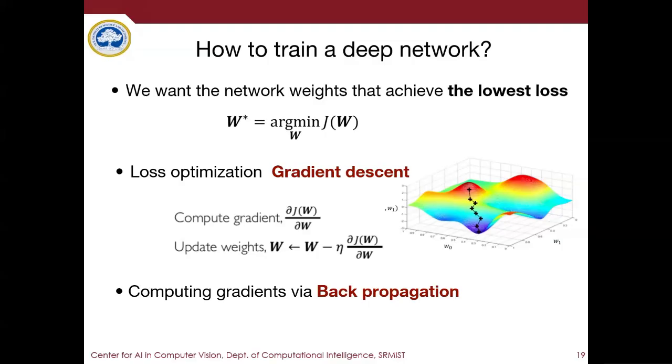The target is to minimize the loss, so you want to go to the base station, the base of the mountain. So how will you reach that minimum point of loss? You are at the top.